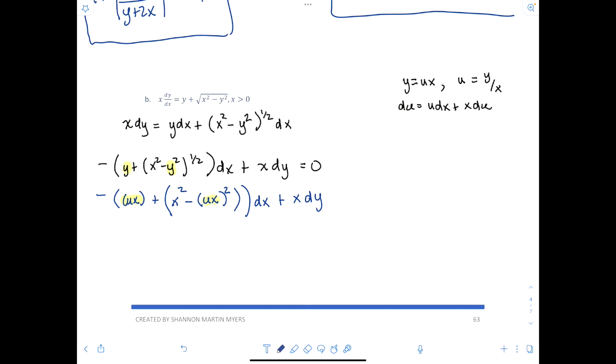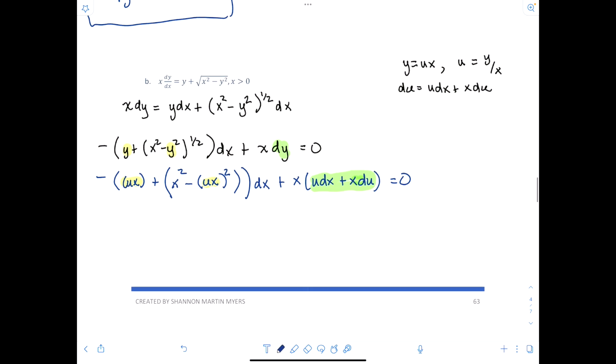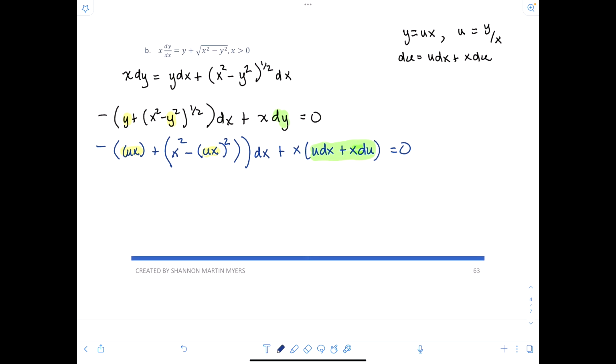Before we say equals 0, we have to substitute in for dy. So dy is u times dx plus x times du, and all of that is 0. So dy is equal to this stuff. Then we crunch it all out and start doing our thing. So here we go. We'll have a negative, then we will have u times x.